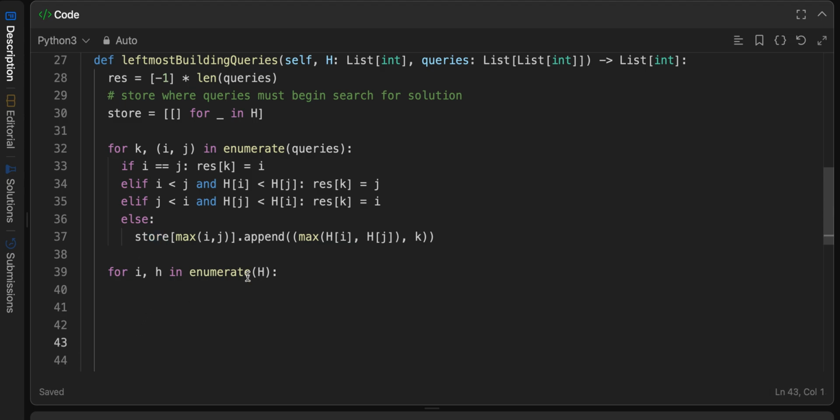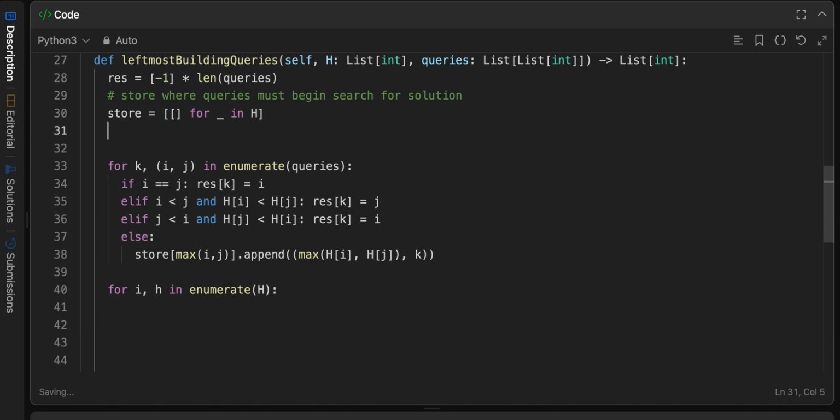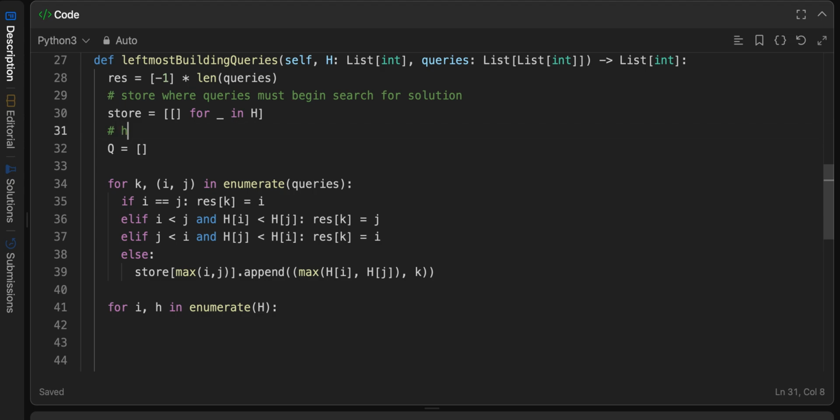So if we're, for example, at index 3, we can start looking for answers at index 4. So I want to do something here. We need to store where we can look for answers. So let's do this here. So Q, I'll set this equal to Q. This is where we'll store, like, hold queries in need of an answer.